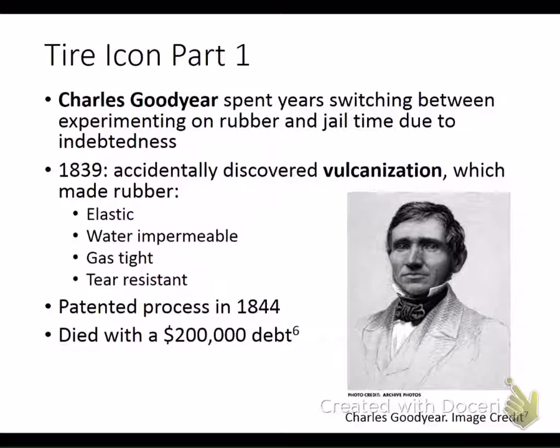And he patented the process in 1844. And interestingly, Charles Goodyear actually died with a $200,000 debt. And so although the Goodyear family itself became a large company and family that is known to be associated with tires, Charles Goodyear himself did not benefit.